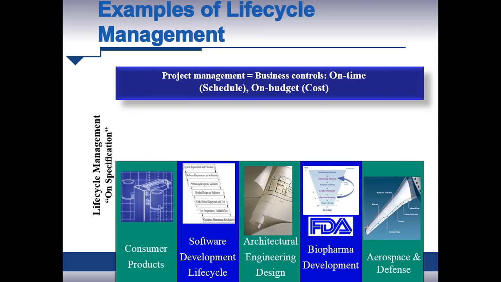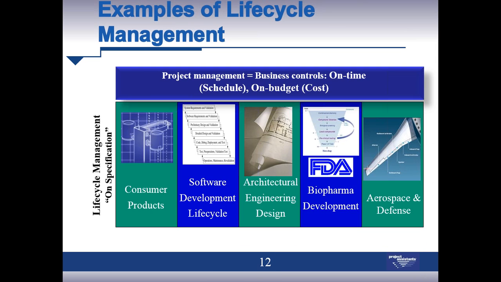So what are some examples of lifecycle? Well, you can look at it from an industry perspective. Here's some examples. So consumer products. I want to manufacture and build a consumer product. There's a life cycle, right, to do that. Step A, step B, step C, step D. Software development life cycle.